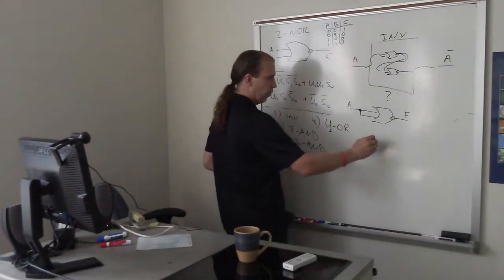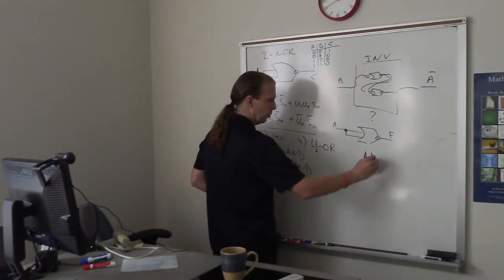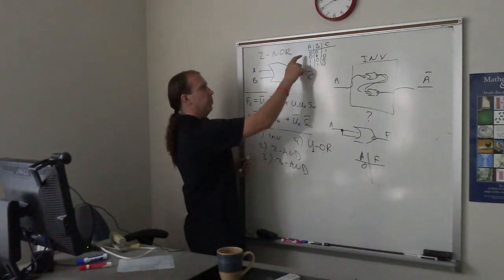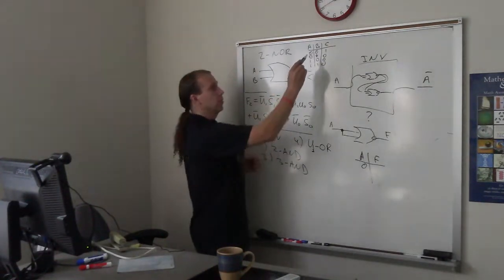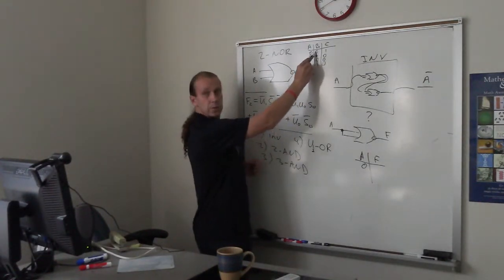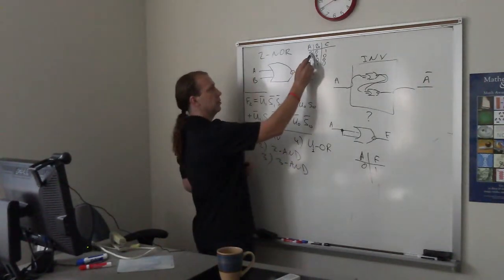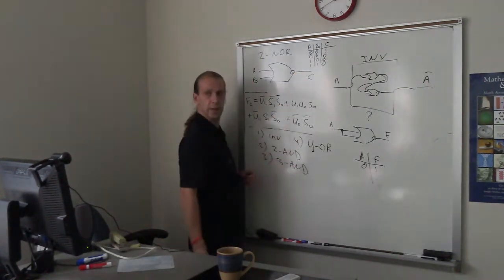So when A is 0, meaning that both of these inputs are 0, the output will be 1, right? 0, 0 gives us 1 at the output.